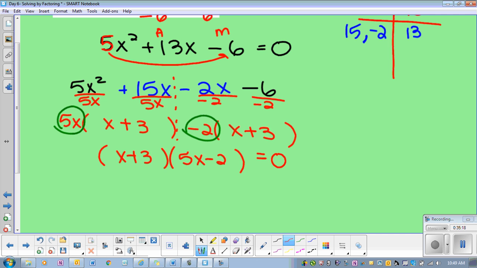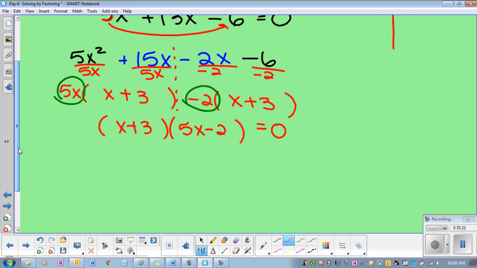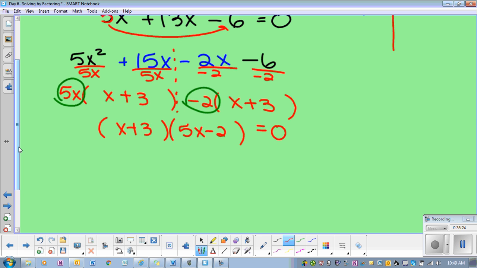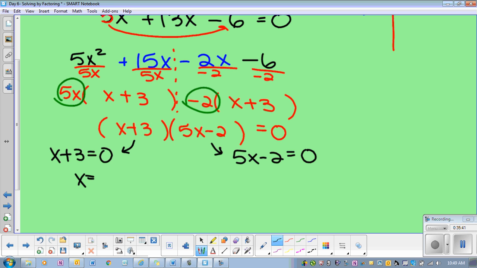So if all of that equals 0, you need to make everything equal to 0, right? Mini equations. And then when you solve this, you have x equals negative 3 and x equals 2/5.